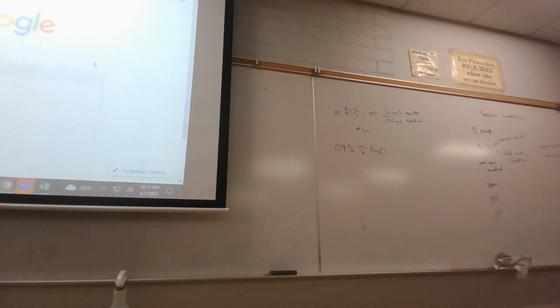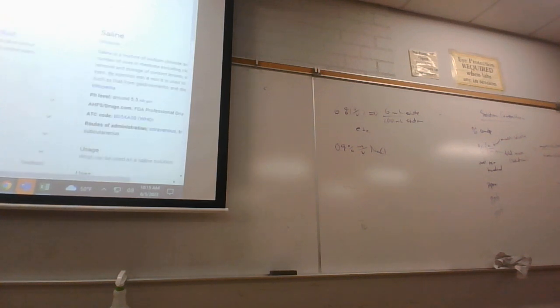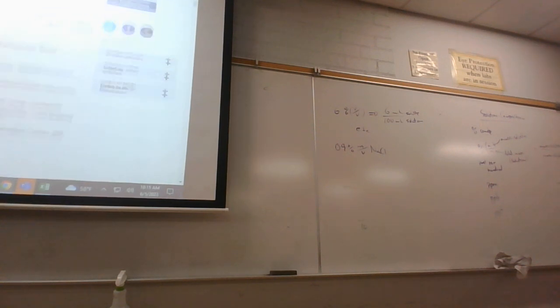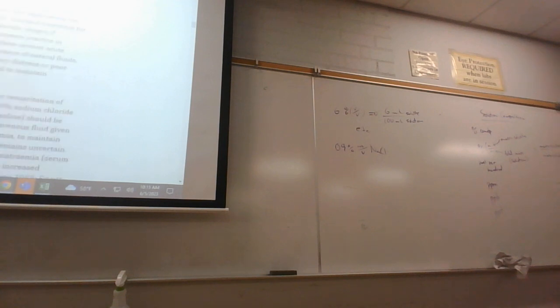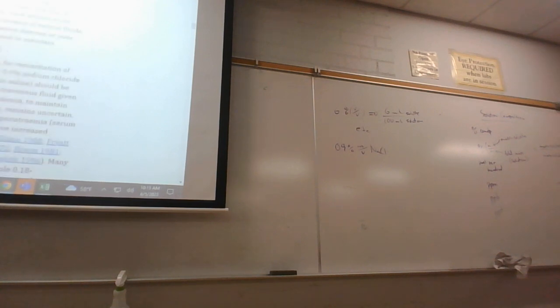It's actually called density. Grams per mil. So you can use it for density. So you can use grams per milliliter for 1% density.